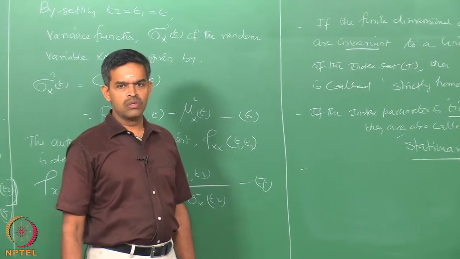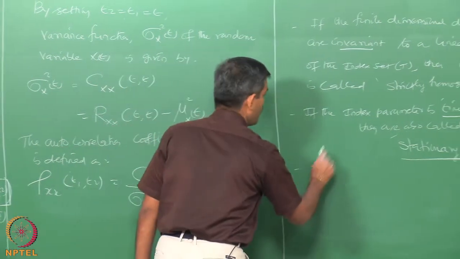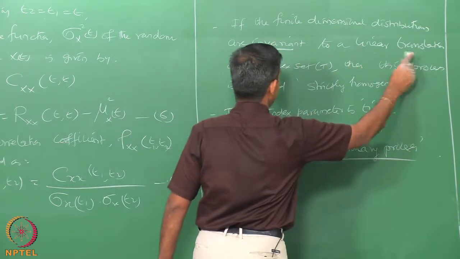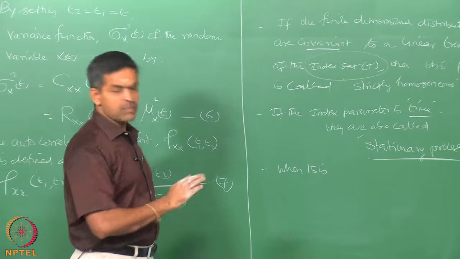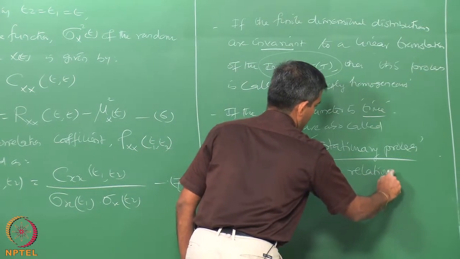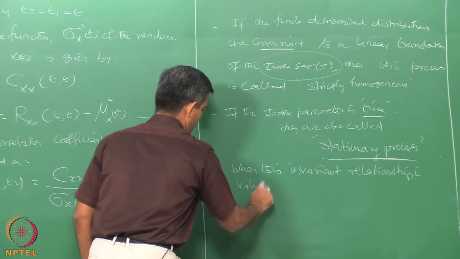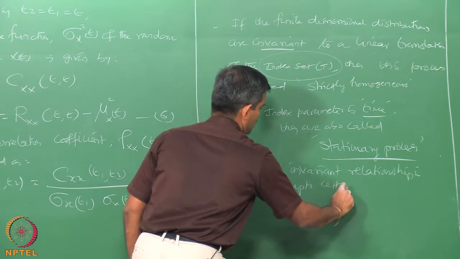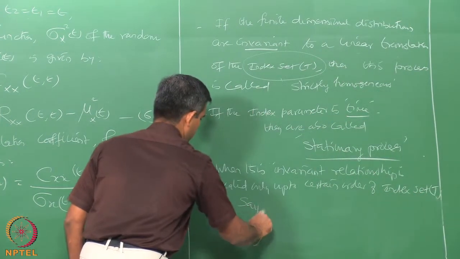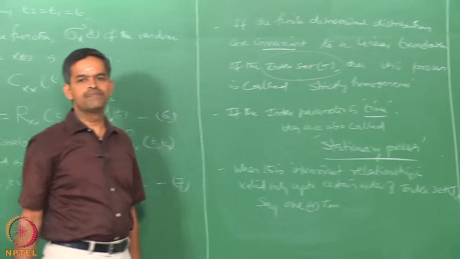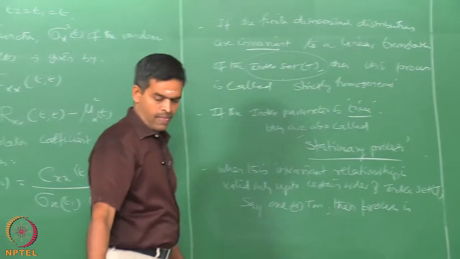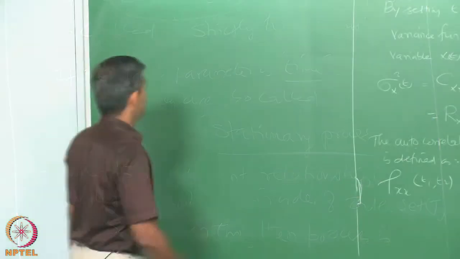We said it is a general one, available as invariant to linear translation for the entire subset of T, but if this invariant relationship is valid only up to a certain order of T, say 1 or 2, then the process is called weakly homogeneous.